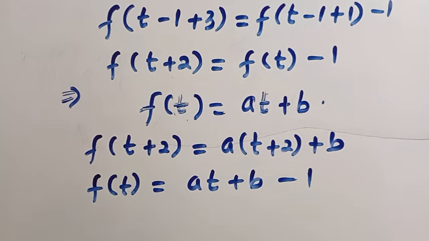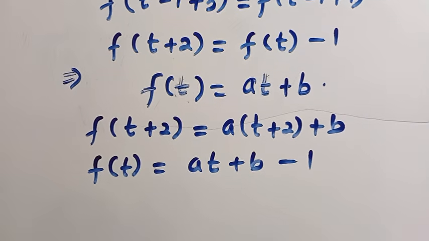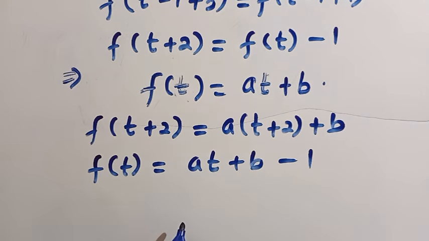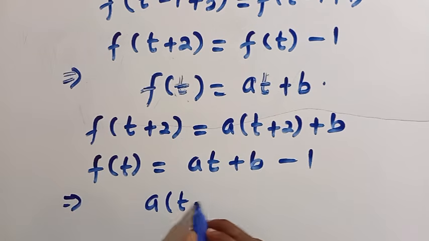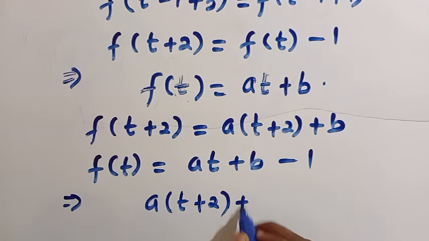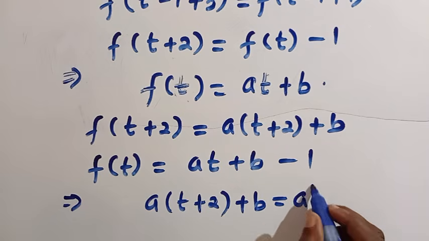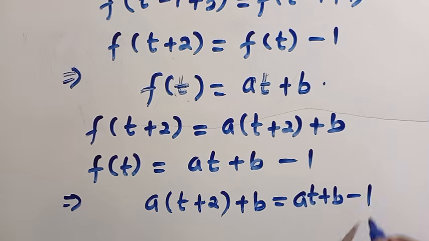By putting this together, we have a into bracket of t plus 2, plus b equals at plus b, minus 1.